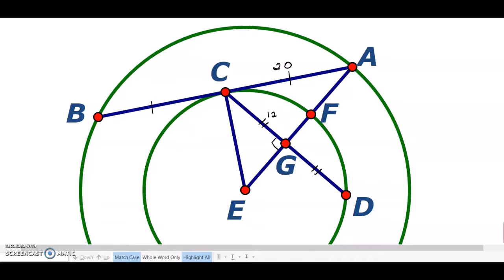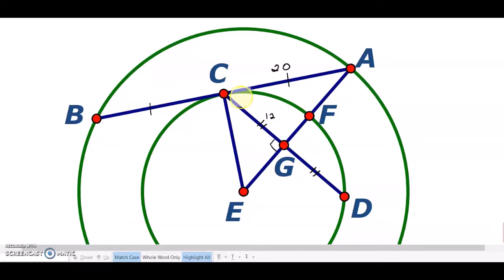Now I'm going to focus in on triangle ACG, this right triangle right here.